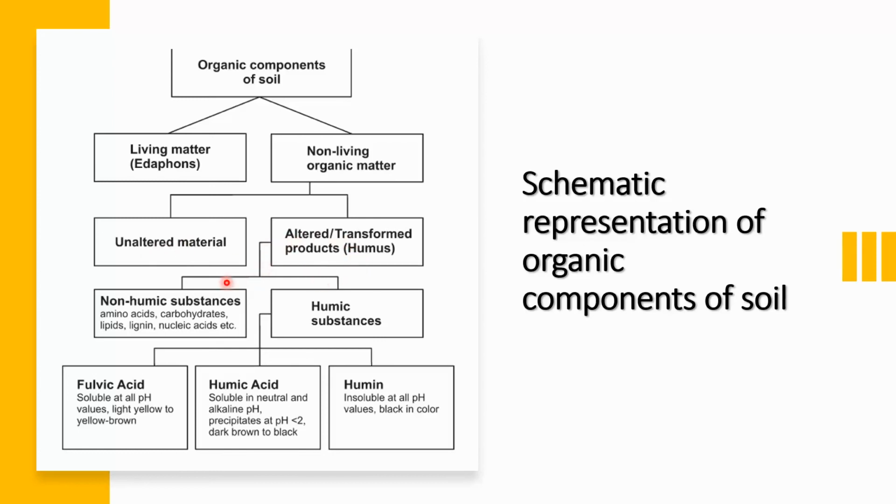Humus further has two components, non-humic substances, which are amino acids, carbohydrates, lipids, lignin, nucleic acids, etc. While the humic substances have three components: fulvic acid, soluble at all pH values, light yellow to yellow brown in color; humic acids, soluble at neutral and alkaline pH, it precipitates at pH less than 2, dark brown to black; while humin is insoluble at all pH values, black in color.